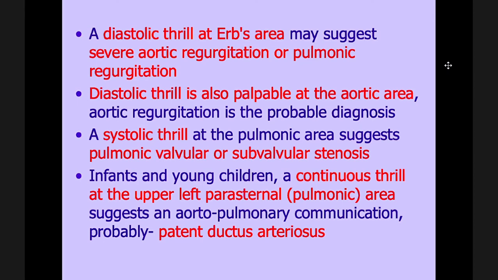Now, in infants and young children, a continuous thrill may be appreciated at the upper left parasternal area, suggesting the presence of an aorto-pulmonary communication, probably from a patent ductus arteriosus.